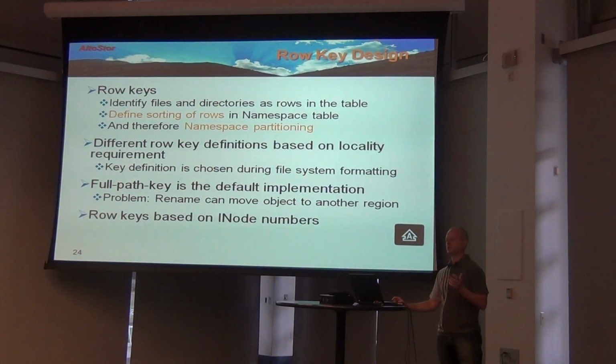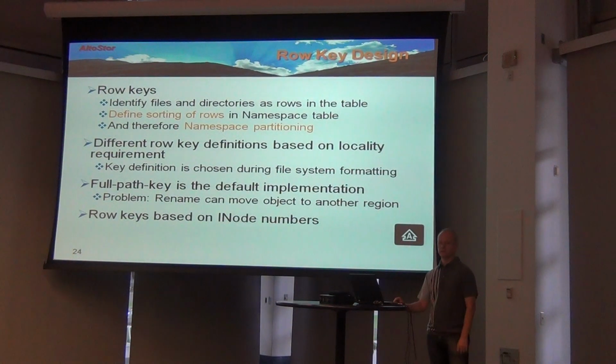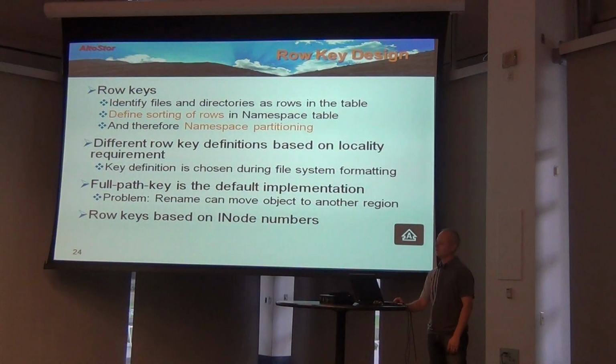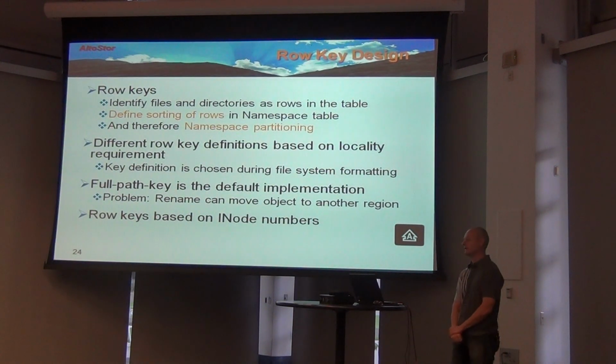And key definitions should be chosen at the time of formatting your file system. You do not change it on the fly. At least that's the key. The default implementation is the full path key.